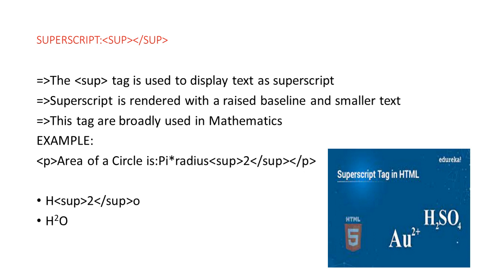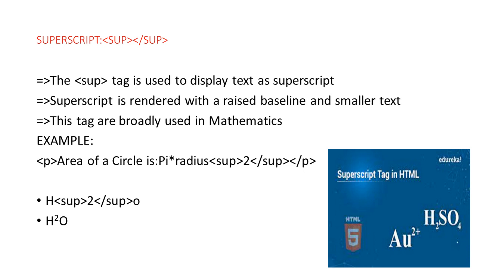Superscripts are used for exponents, to indicate that one number or variable is raised to the power of another number or variable. In a sense, superscripts are generally used in mathematics. So when you need a power, for suppose if you need to write a square plus b square, that square needs to be mentioned. For that purpose, we use these kinds of tags called superscript.